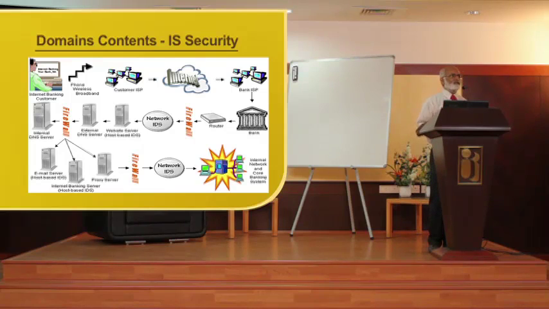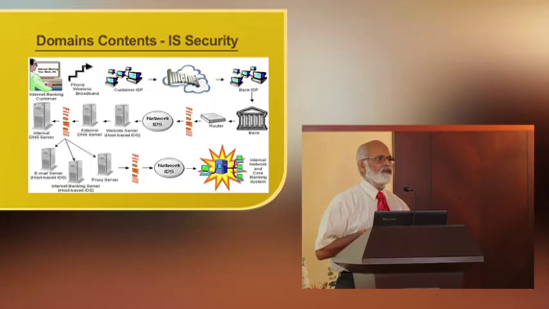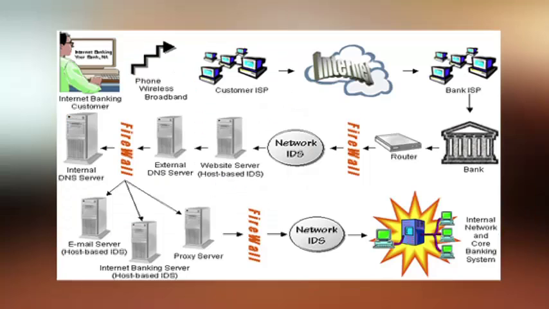When you look at this, this is an internet-based customer who is using telephone, wireless or broadband. This is a customer ISP, and through the internet he approaches the bank ISP. The bank ISP connects to the bank through a router, and there is a firewall which protects the information and guards the site from unauthorized persons.